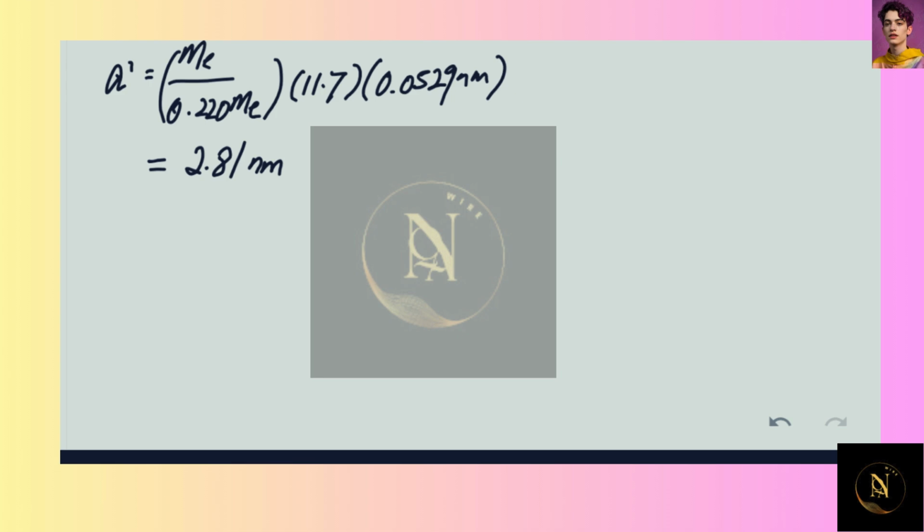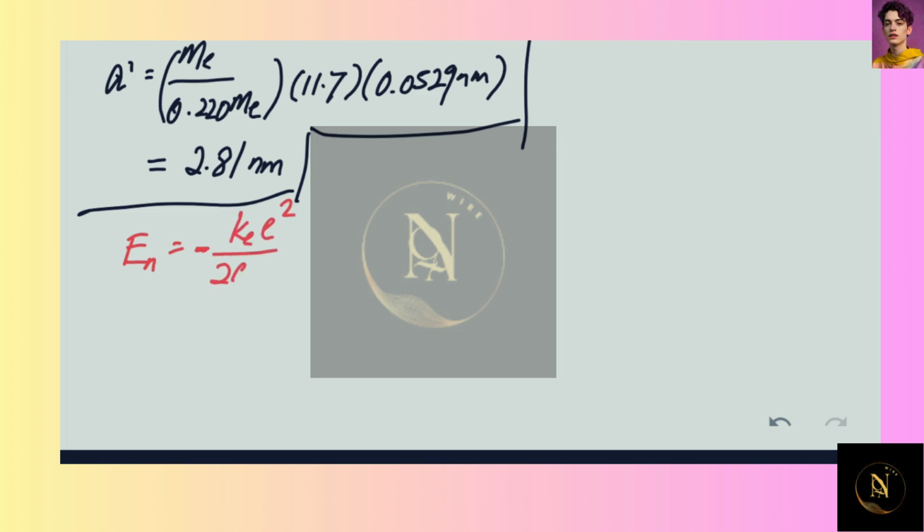Next, we move on to the energy levels. For a typical hydrogen atom, the energy level is described as negative Ke e squared over 2 a naught times 1 over n squared.